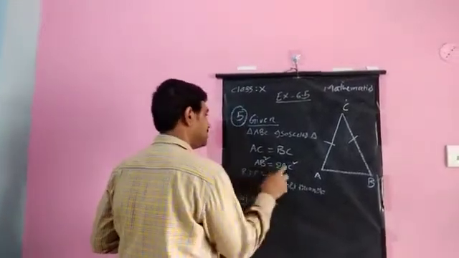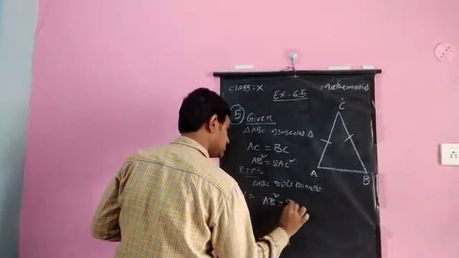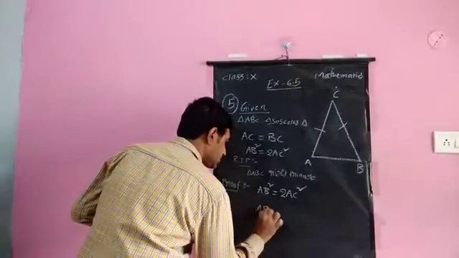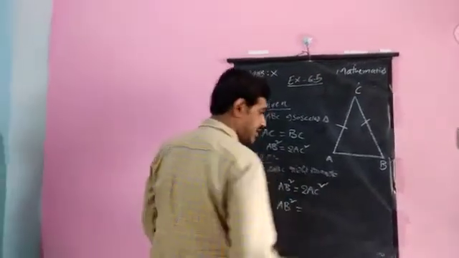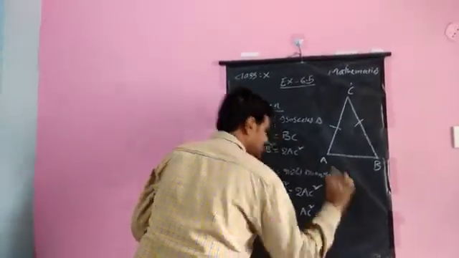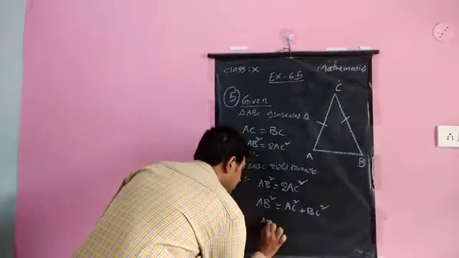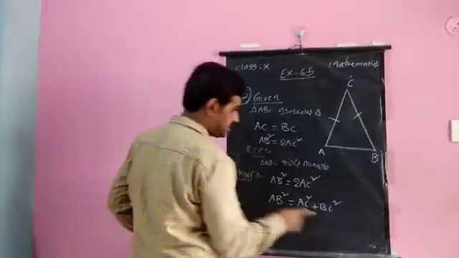In the proof, I'll start with the given hint. The hint given to us is AB square equals 2AC square. So AB square equals 2AC square. Then I'll modify this: 2AC square I'll write as 1AC square plus 1AC square, or that will become AC square plus BC square. So what we get here is AB square equals, but we know that BC equals AC.